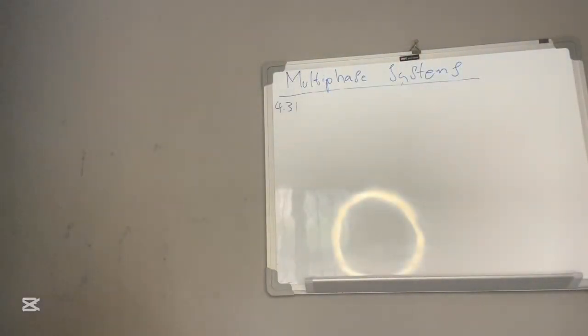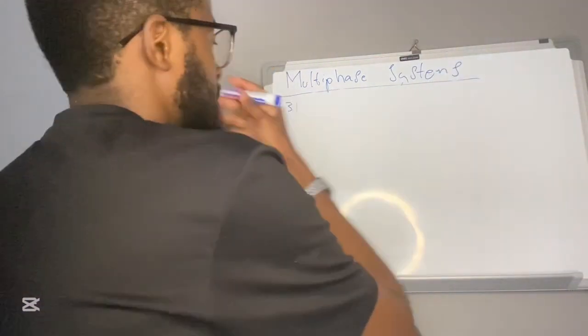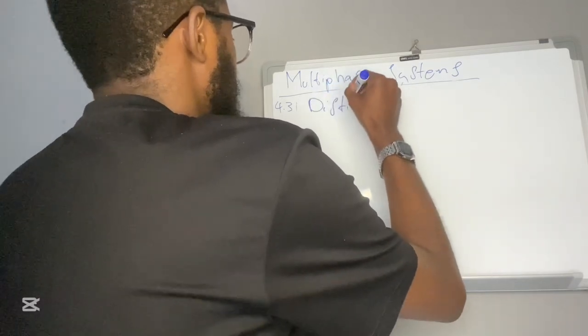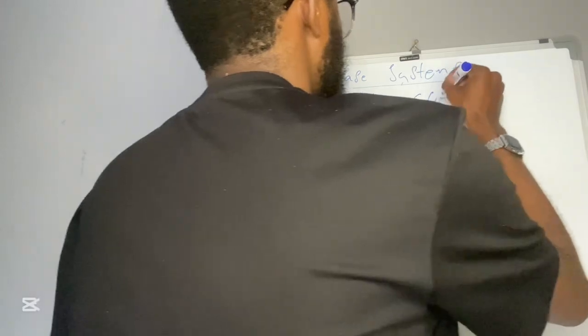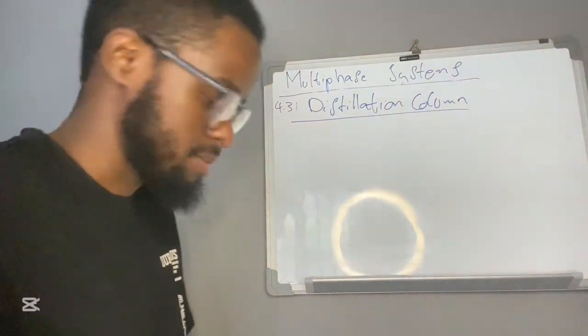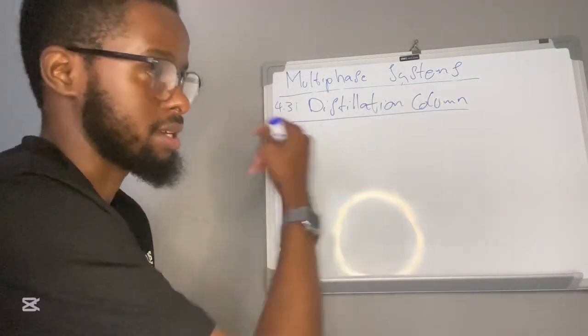So we go to the distillation column. In your flowchart, go to the distillation column and assign things.